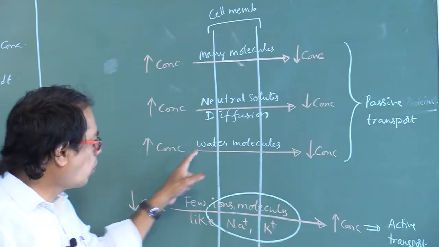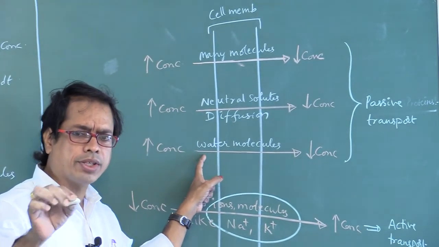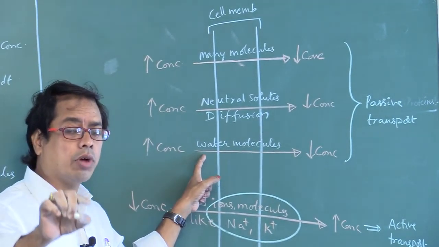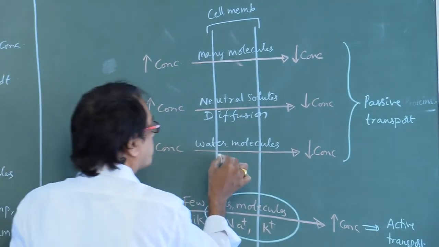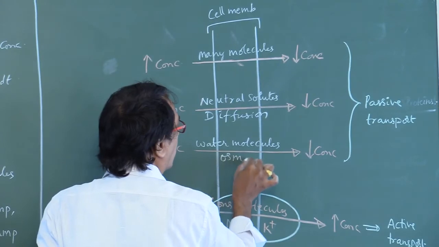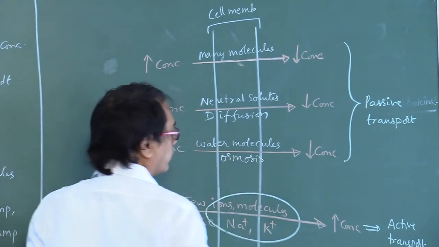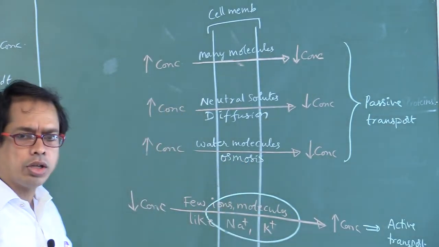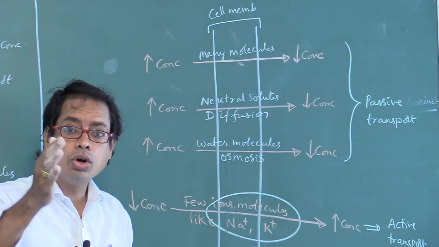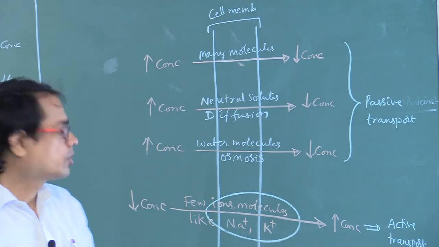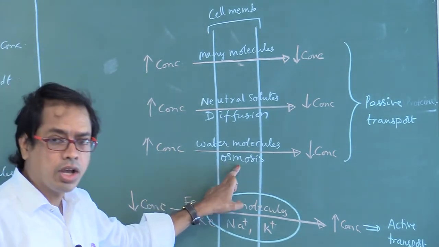Okay. Next, water molecules also move from high concentration of water molecules to low concentration of water molecules. So this process is so called osmosis. Movement of water molecules from high concentration of water to low concentration of water will be considered as osmosis.